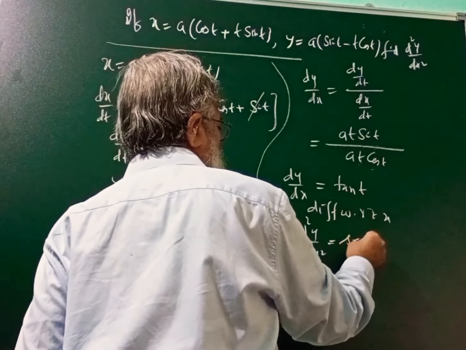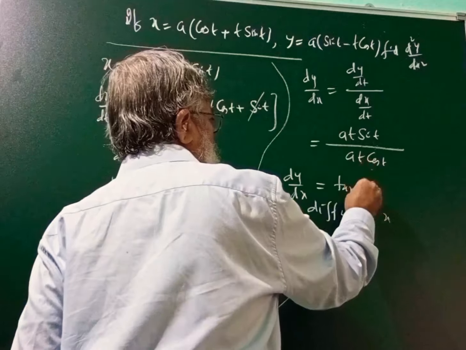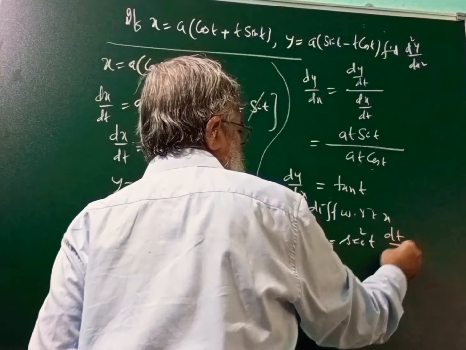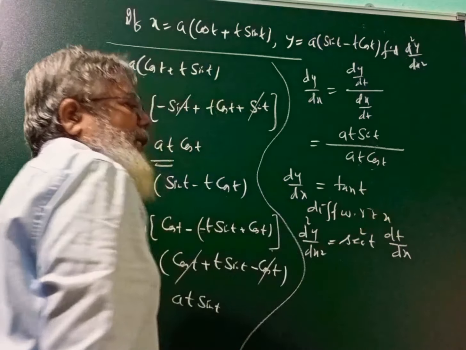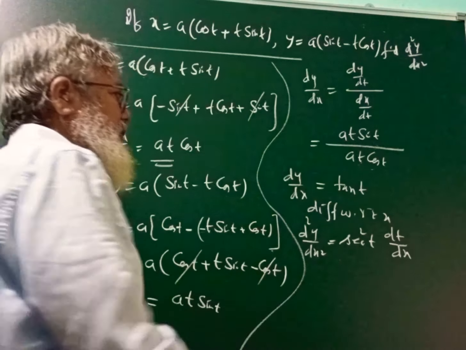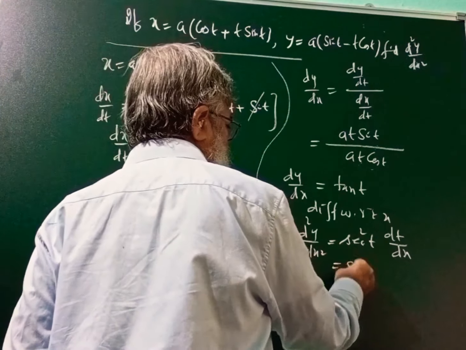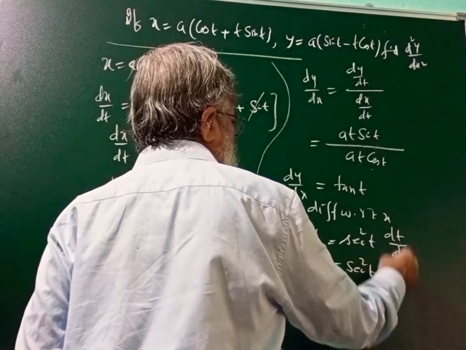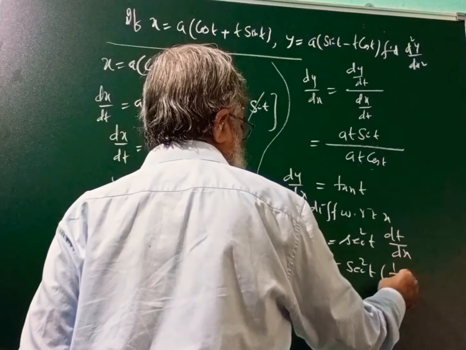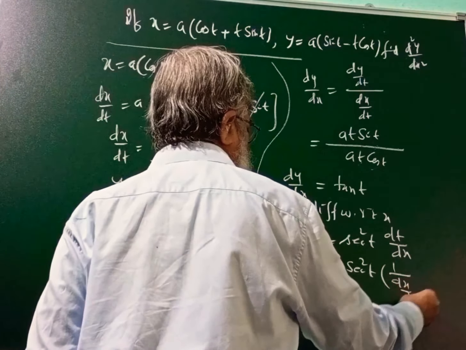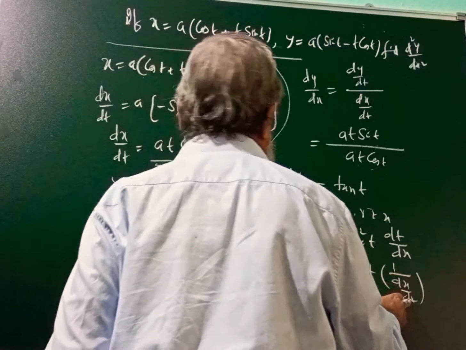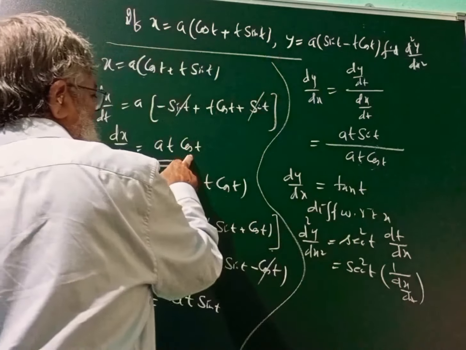Differentiation of tan t is sec square t. Differentiation of t with respect to x, dt by dx. Here we write sec square t. dt by dx can be written as 1 by dx by dt, taking reciprocal. The value of dx by dt you can obtain from here.